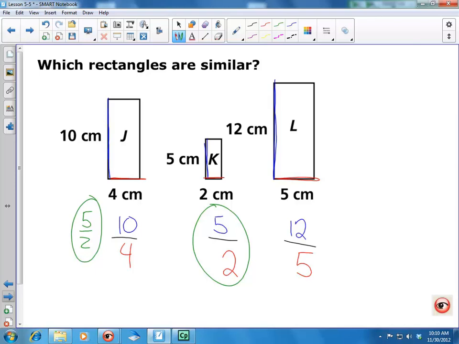So, rectangles J and K are similar because the proportions equal each other. Okay? Does that make sense? All right, let's take a look at the next example.